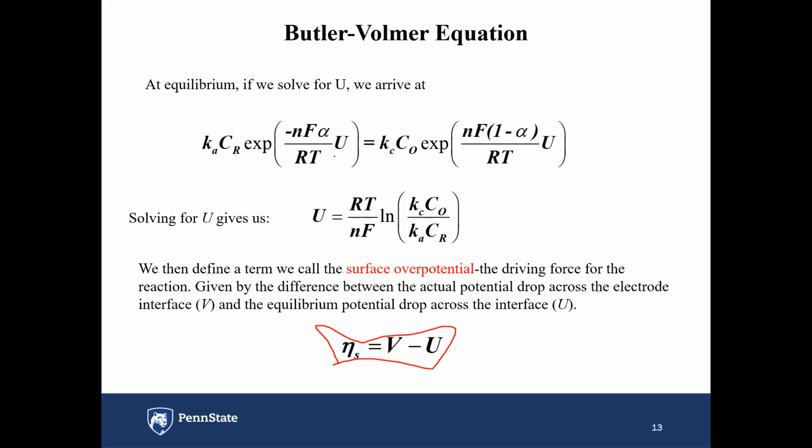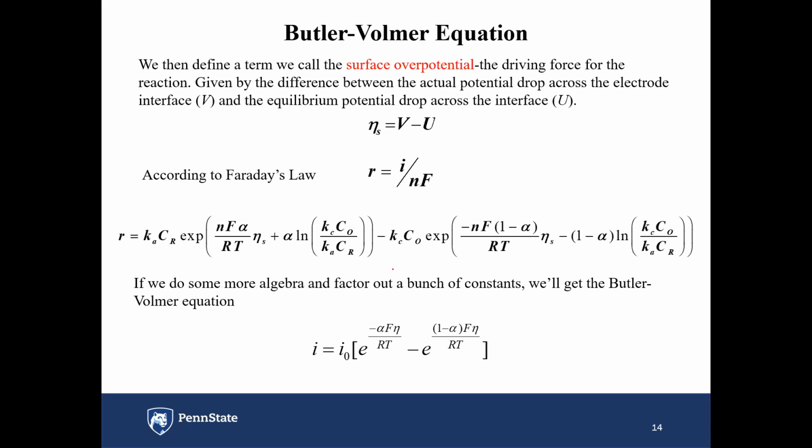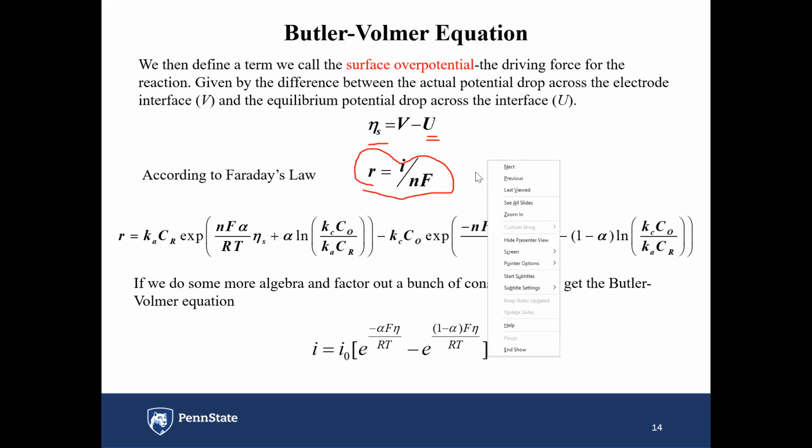From this equation, we know that we can calculate U based on the initial concentration and also the reactivity K, right? And the overpotential can be calculated by this, and U is already known. U can be calculated based on the NBS table. And we also know Faraday's law, right? We know R, and we know R as a function of V. So now we can plug everything in.